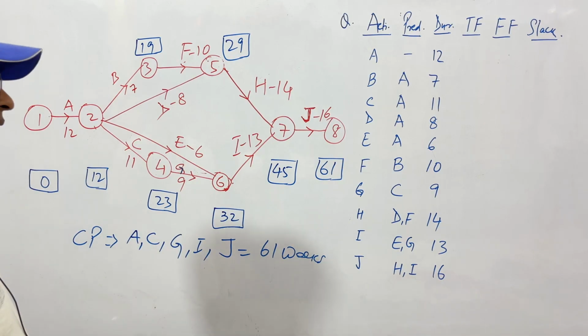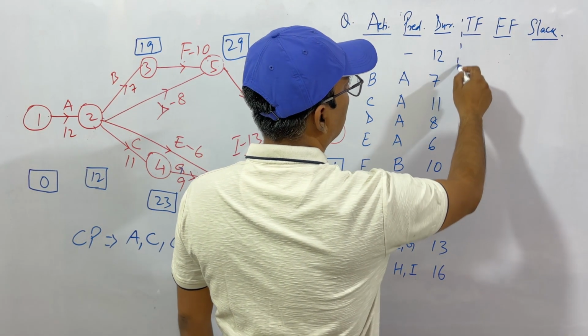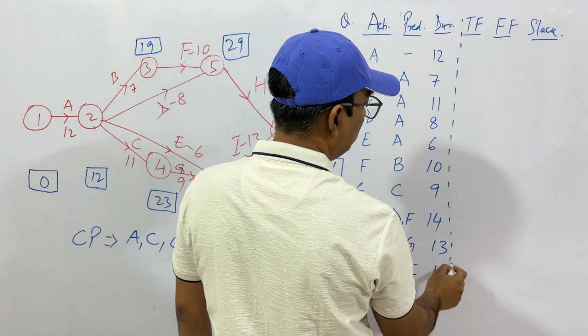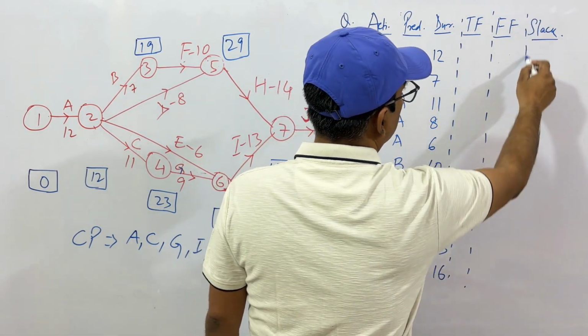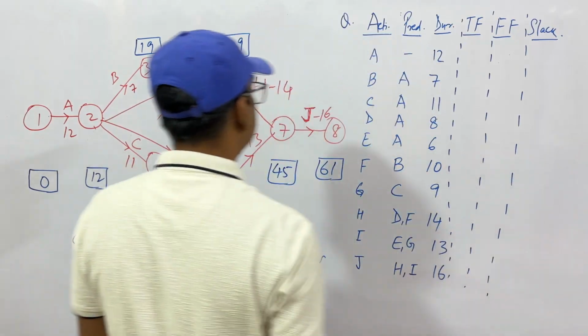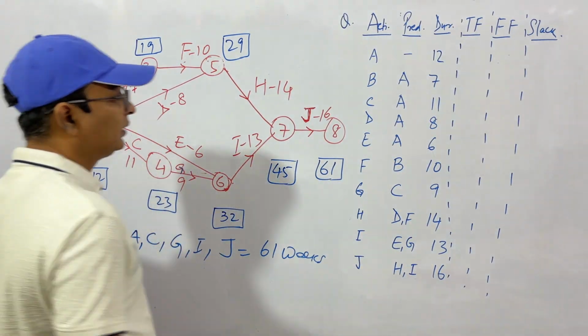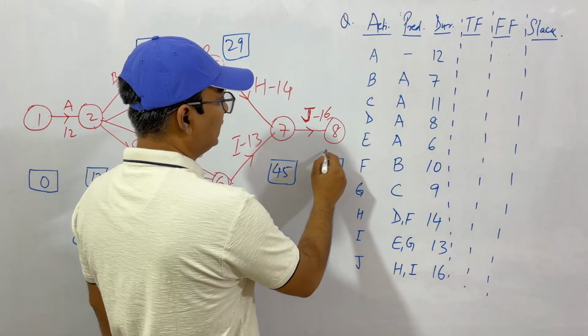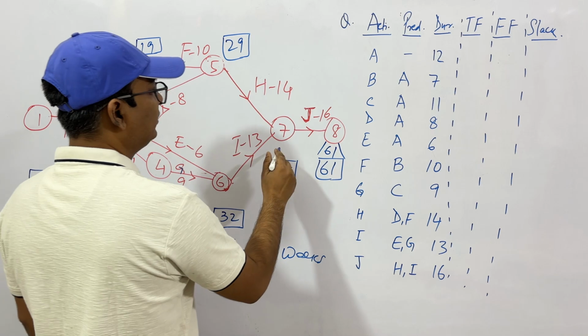Okay, this is clear. Now, I had told you in my last session how to calculate total float and free float. First of all, let's calculate the time using backward pass. This will be 61 only. This will be 45 only.